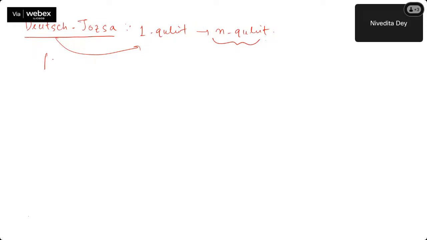So our f, which was initially 0, 1, now becomes {0,1} to the power n mapped to 0, 1, which is a single qubit out.